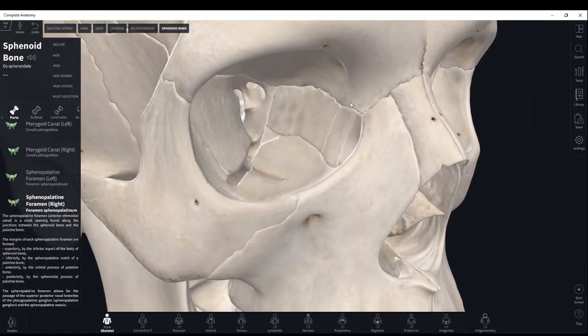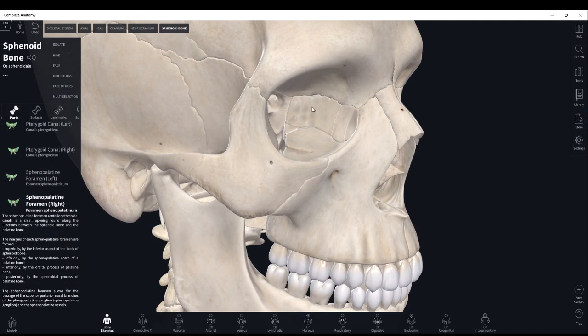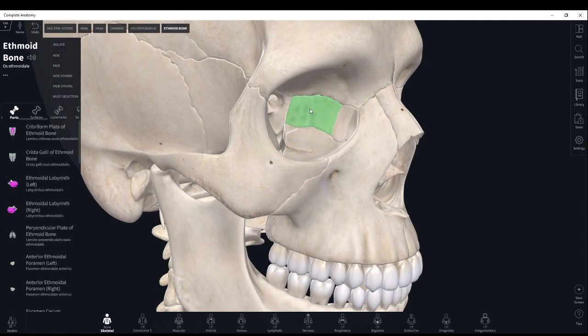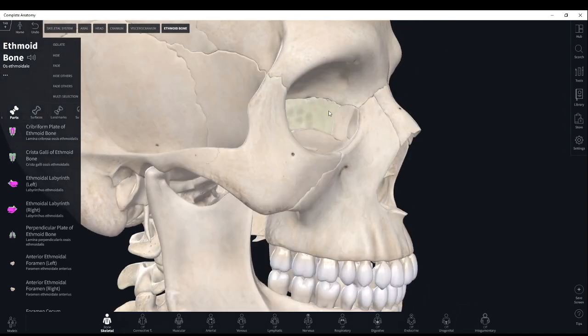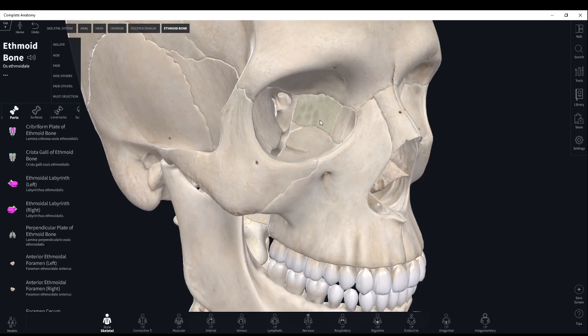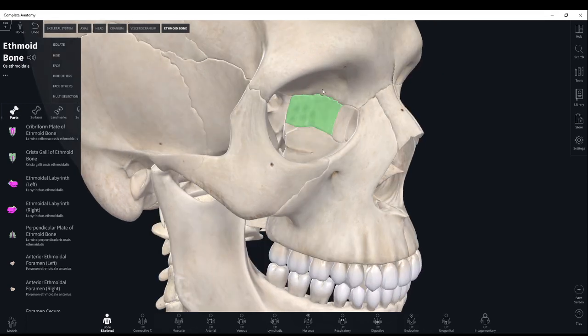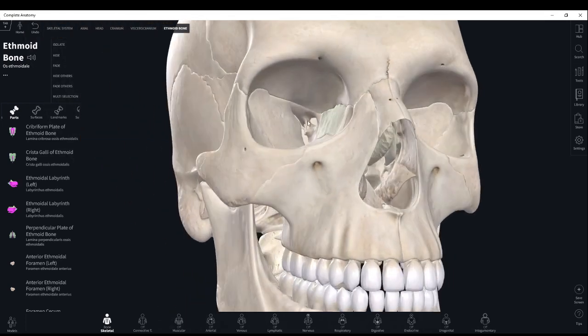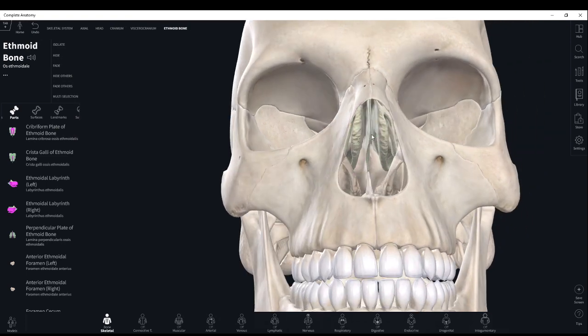Firstly, we should find it on the skull. The ethmoidal bone is located on the medial aspect of the orbit and forms the medial wall of the orbit. It is also located in the top of the nasal cavity and has several parts.